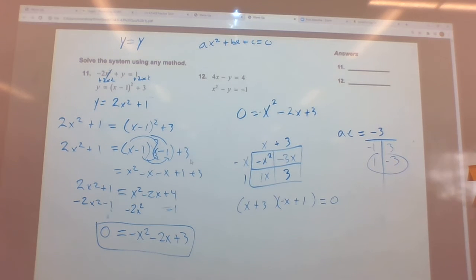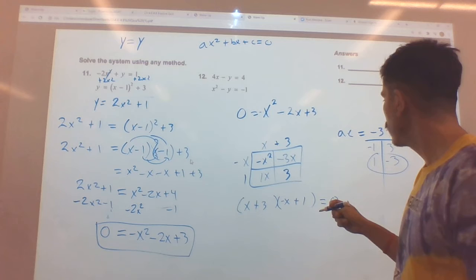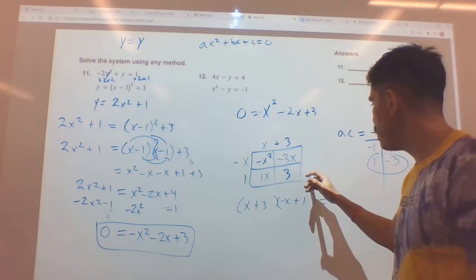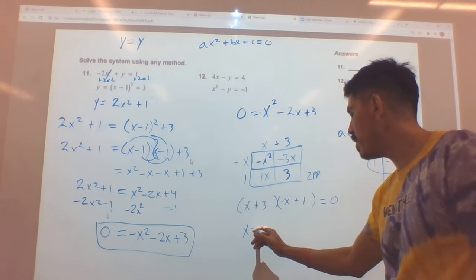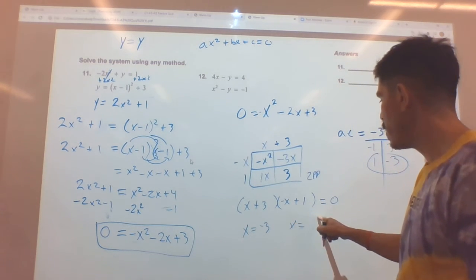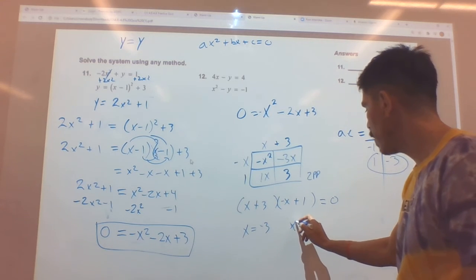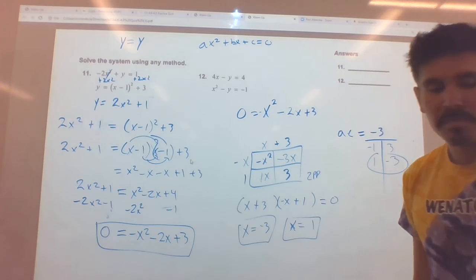If this is set equal to 0, we go ahead and do the ZPP, the zero product property, meaning that we have x is going to be equal to negative 3, and then x is going to equal to minus 1, so a positive 1. So we have both x values.